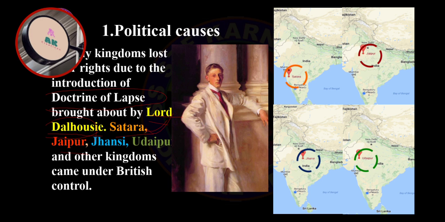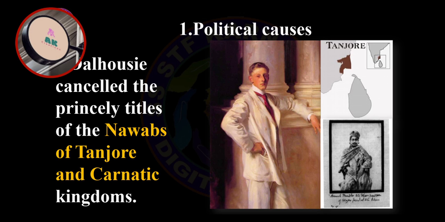In the political cause, you only have to remember Dalhousie and what he did. Yes, the doctrine of lapse. Next, Dalhousie cancelled the princely titles of the Nawab of Tanjore and the Carnatic kingdoms. There were many Nawabs who didn't have a child, so he started doing this.